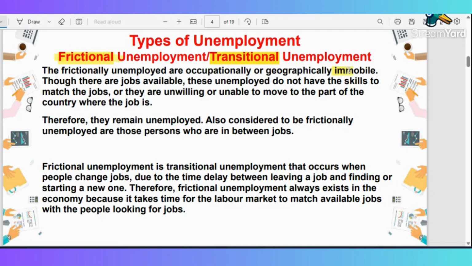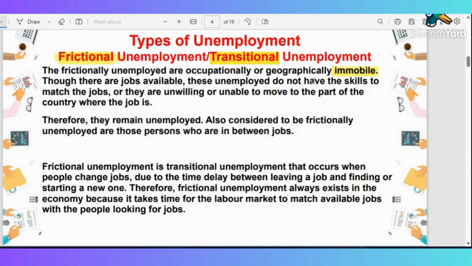When we hear the word immobile, it means that it's fixed, it cannot move. Though there are jobs available, these unemployed do not have the skills to match the jobs, or they are unwilling or unable to move to the part of the country where the job is.